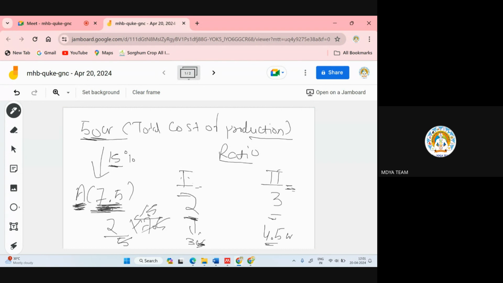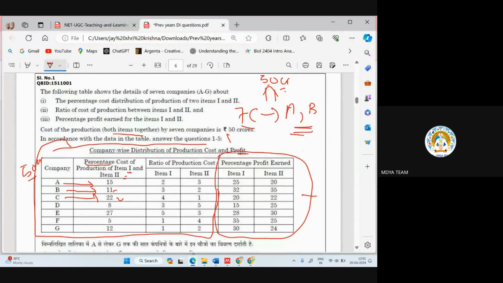So now you understood the table and how to decode it. You can calculate how much money company D is using to produce item 1, and how much money company D is using to produce item 5. This is the most common way UGC makes a question complex.